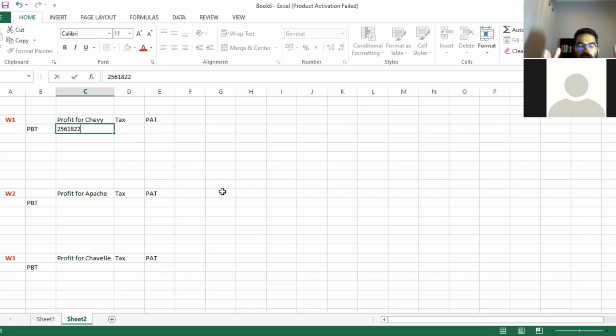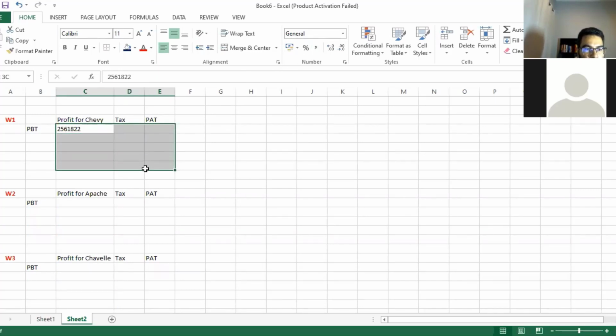The profit figure is inside brackets because it's a credit. Credit means we have a profit, not a loss. So that's my profit before tax for Chevy.